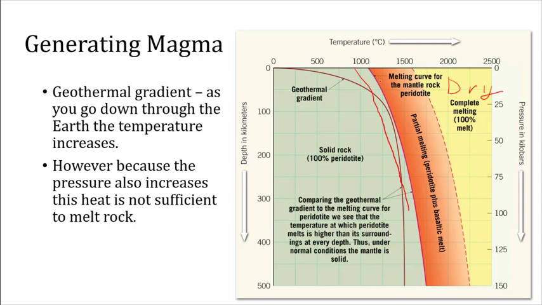Once again, don't pay attention to the specifics, just get the general idea, right? That the melting curve for wet rock is displaced this way. It's easier to melt wet rock, or you don't have to heat it as much. Okay, so if the rock is wet, the geothermal gradient will do it.